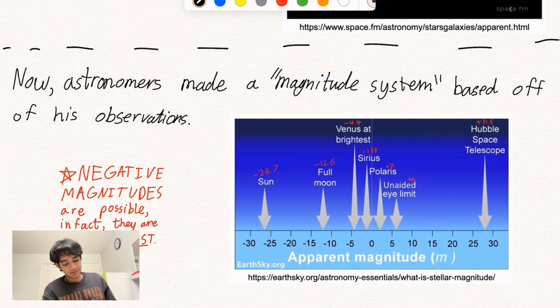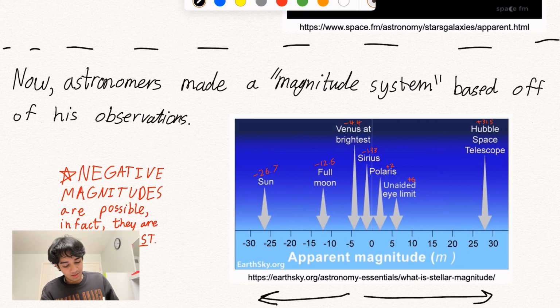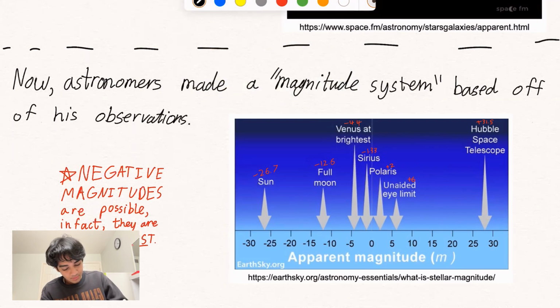Now let's look at this diagram. Here it shows the magnitudes all the way from 30 to negative 30. One thing to keep in mind is that the brightest stars go on this side and the dimmest objects in the sky go on this side. It might be a little counterintuitive at first, but the more negative a star is, the brighter it actually appears in our sky.